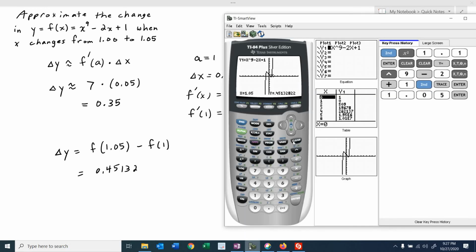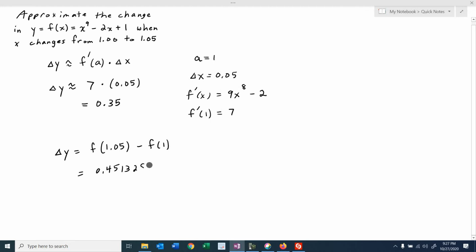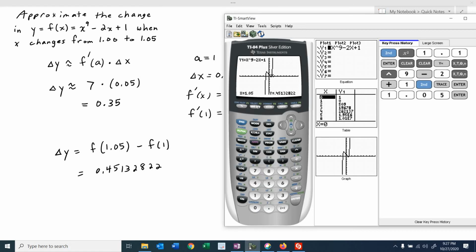And let me just put in 822 as well, the last 3 digits, just to be as accurate as possible. Then we're going to evaluate the function when x is 1. So go back to calculate the value when x is 1. And of course you get 0.